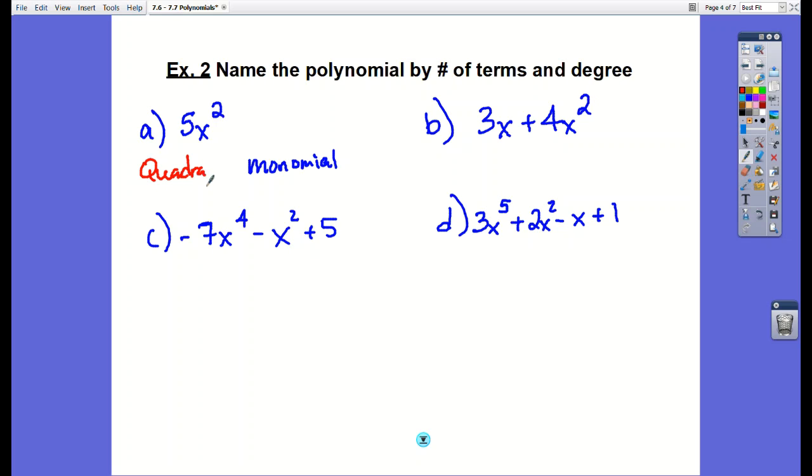Alright, next one. Lexi. Quadratic binomial. Next one. Anton. Quadratic trinomial. And last one, there we go. Quintic polynomial.